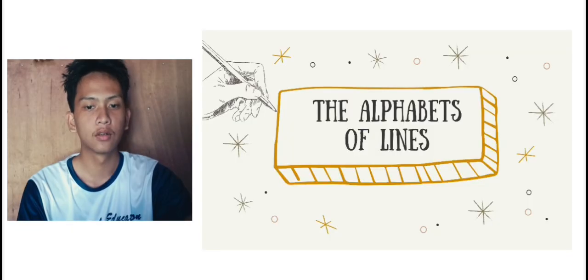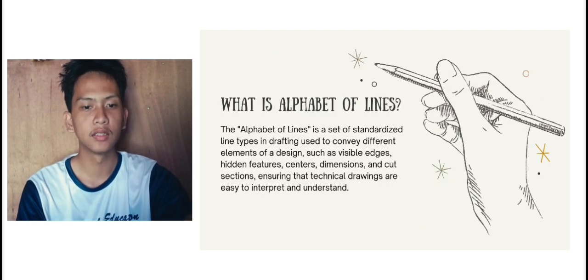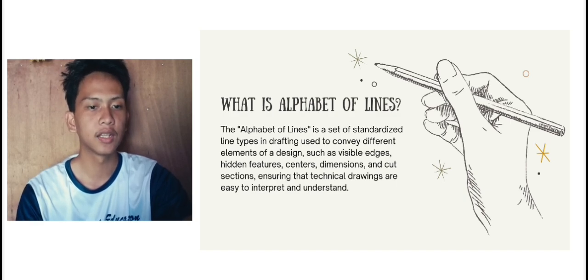So for our next topic, the alphabet of lines. So what is alphabet of lines? Alphabet of lines is a set of standardized line types in drafting used to convey different elements of a design, such as visible edges, hidden features, centers, dimension, and cut section, ensuring that technical drawings are easy to interpret and to understand.